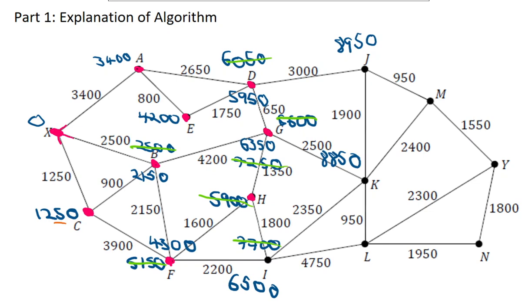Where are we at now? We've got J, K, and I. So I is the next one. So I has two options to move from. It is 8850. What is it?